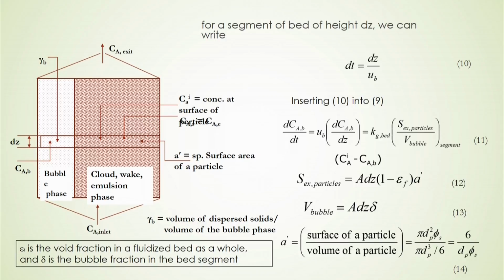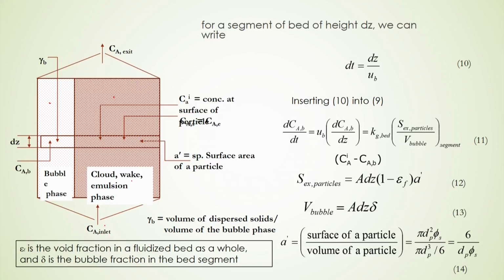Now, you see this figure. There are two phases, one is the bubble phase. The total fluidized bed is divided into two parts. One is called the bubble phase, and this is called the emulsion phase, and the emulsion includes the cloud, wake and emulsion phase here and the bubble phase here.